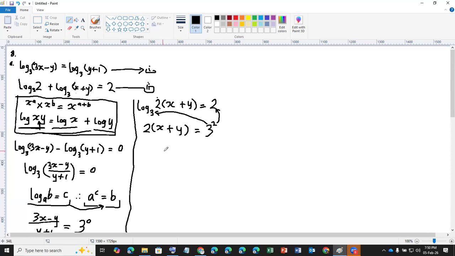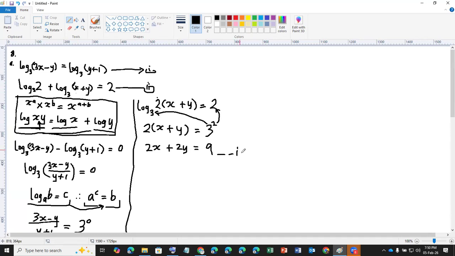So let's see if we can spread this down. 2x plus 2y is even easier. 2x plus 2y equals 9. Can you see how equation 2 came out?